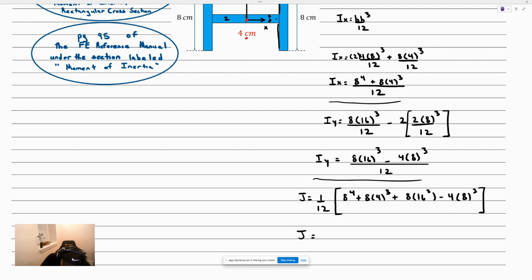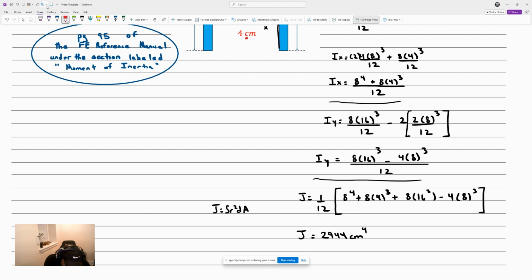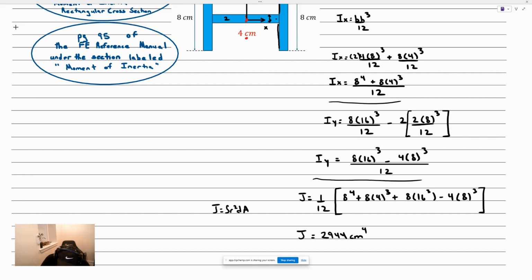Compute J as 2944, and the unit of all of these was centimeters. Remember, J was the integral of r squared dA. Centimeter squared and centimeter squared makes centimeters to the 4th. So this is our final answer.